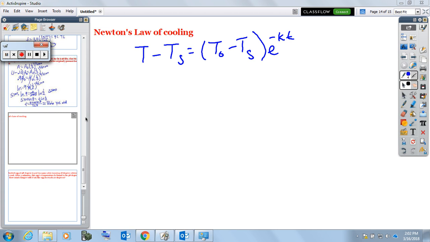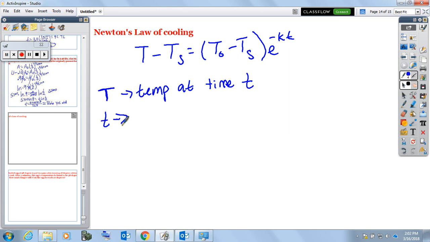So let's take into account first and foremost capital T. Capital T, to start things off, is the temperature of the object at time t. Lowercase t focuses on time.